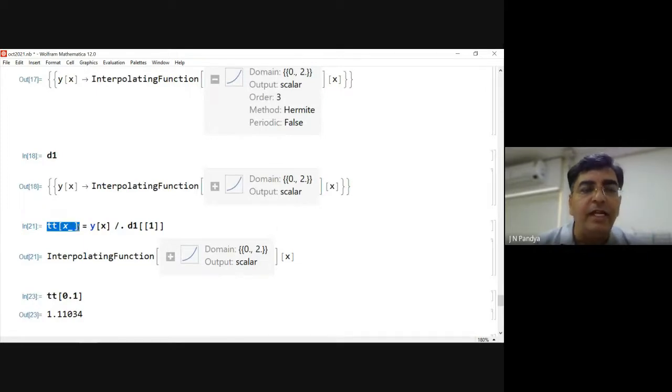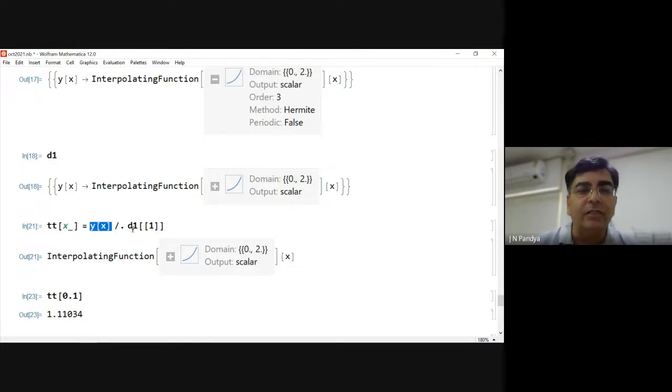TT, I defined a function, and as I told you in the first session, when you define a function, it has to be written in this way. So x underscore, that means x is the variable for me, and I want to get y of x from this d1. But because it is coming in a bracket, I have to tell that, okay, I want the first element out of that, right? See, here it was double brackets.